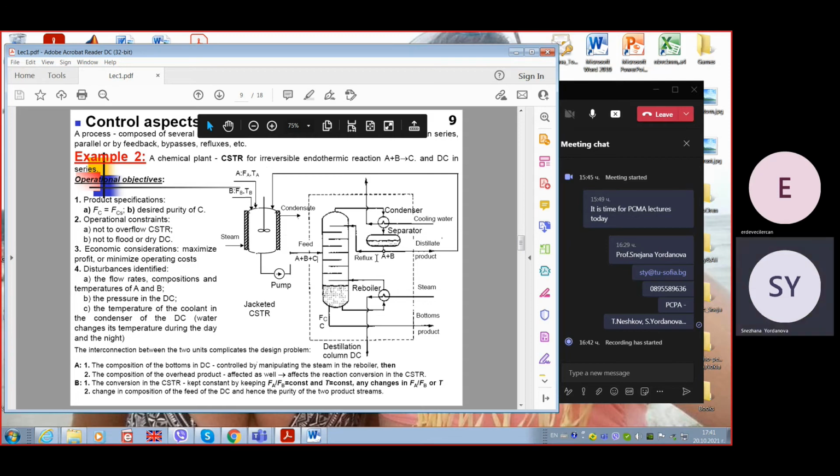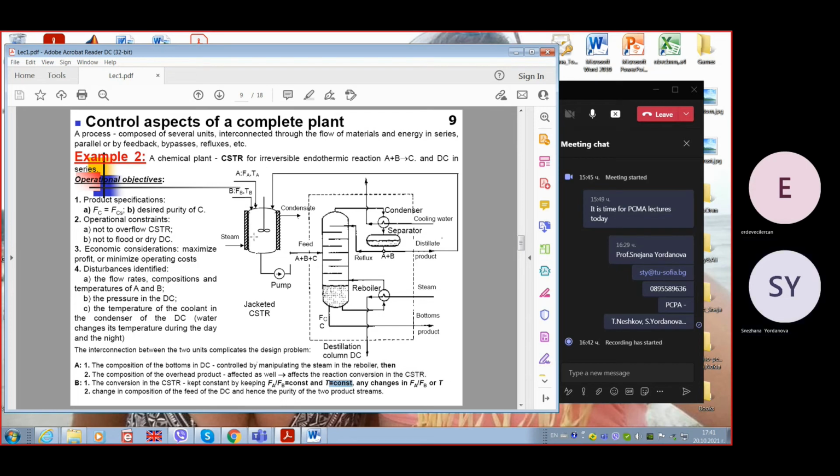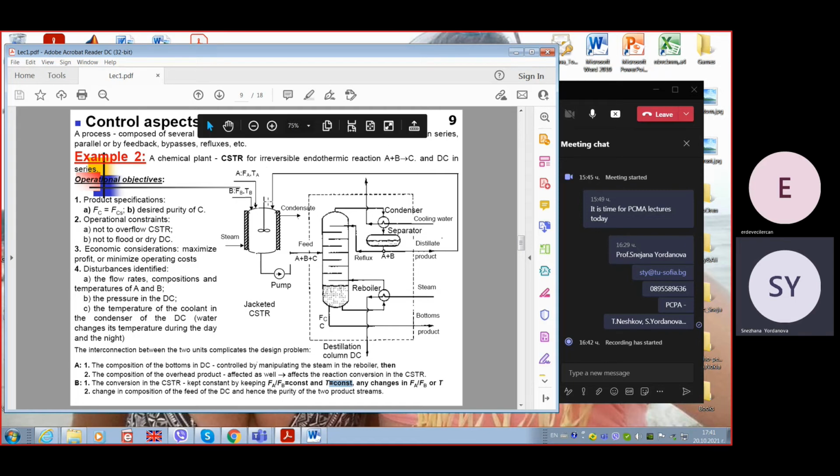The distillate that is returned is at low temperature. It also has an impact on the desired constant temperature. So this mixture and reaction cannot keep constant temperature due to this reflux.